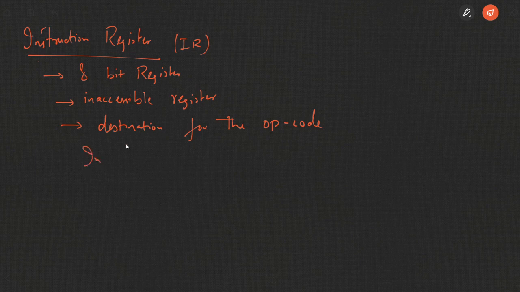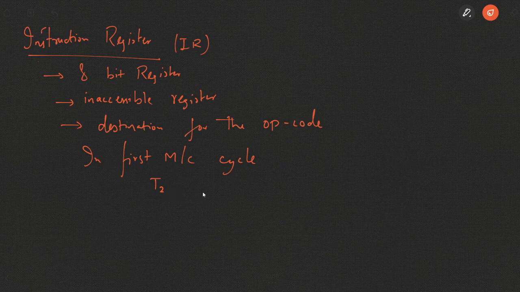So in the first machine cycle, that is the opcode fetch machine cycle, in all the instructions, the first machine cycle will be the opcode fetch machine cycle. So what happens in this case is that in the T1 state, since we know that there are 8 bits, AD0 to AD7, that are used for both address as well as data, the address is carried.